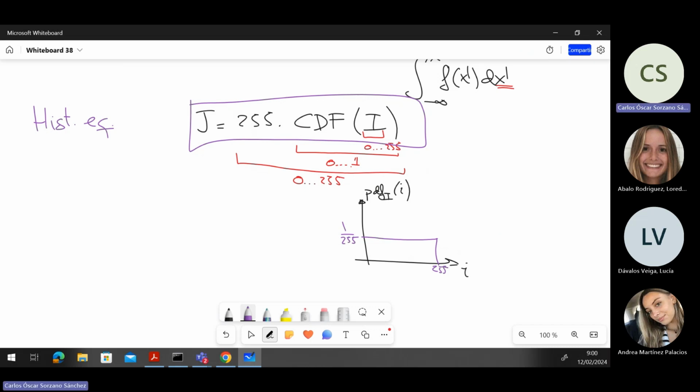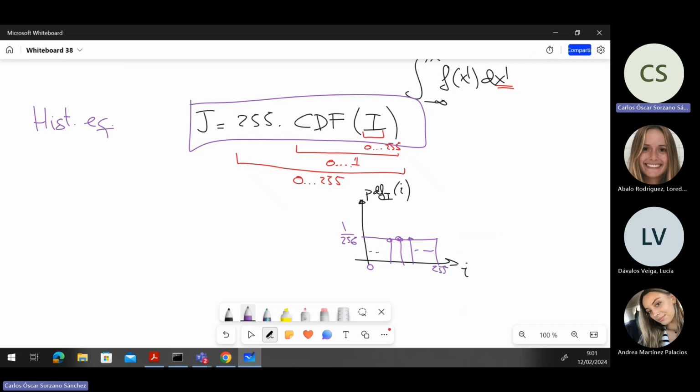Actually, this goes from 0 to 255, so to be absolutely correct, this is 1/256, because we have to include the 0. And remember that this is just a representation, but they are discrete deltas.